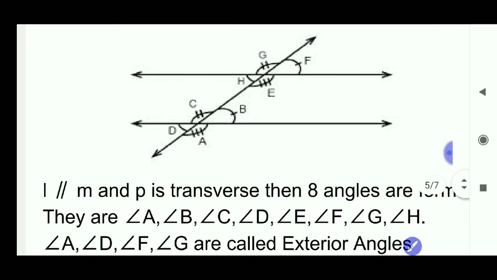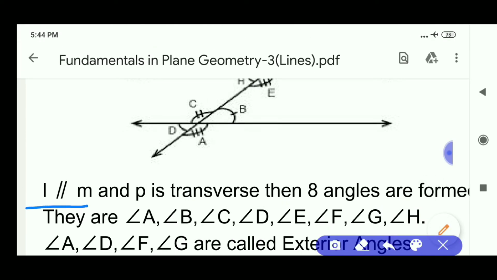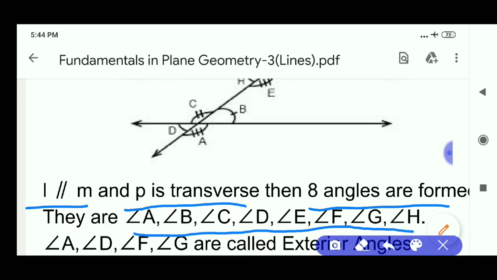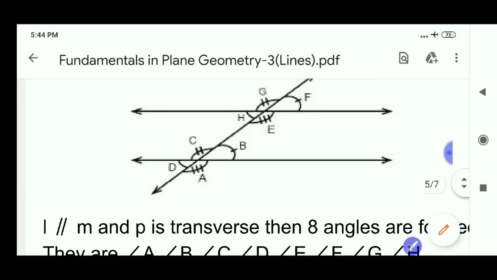And observe the figure. L is parallel to M and P is the transversal. Then 8 angles are formed. They are angle A, angle B, angle C, angle D, angle E, angle F, angle G and angle H. Observe the figure.